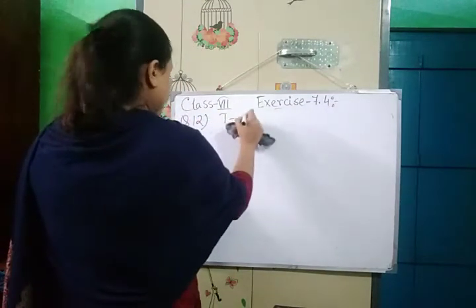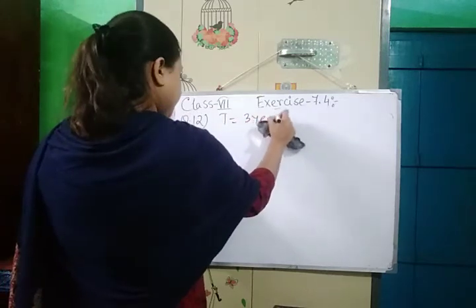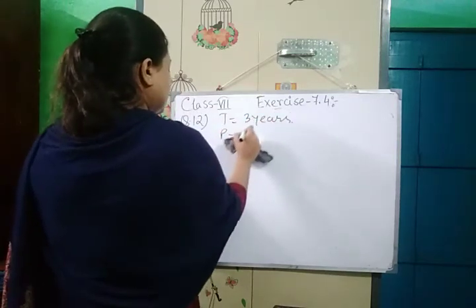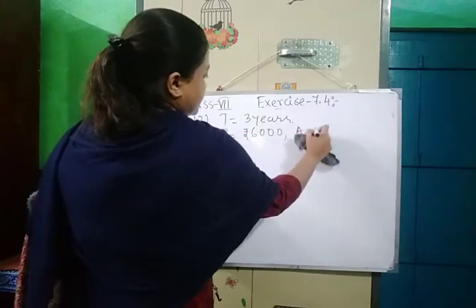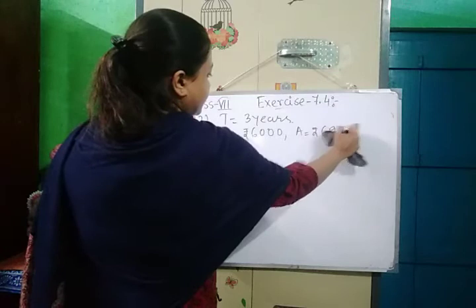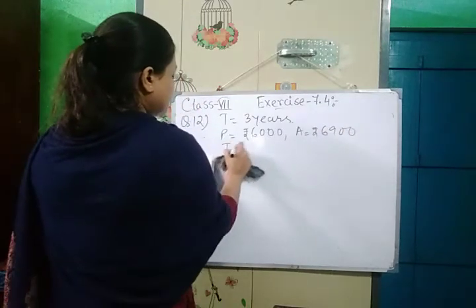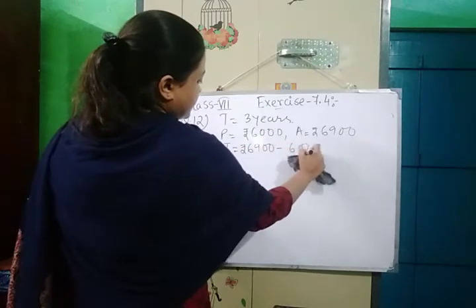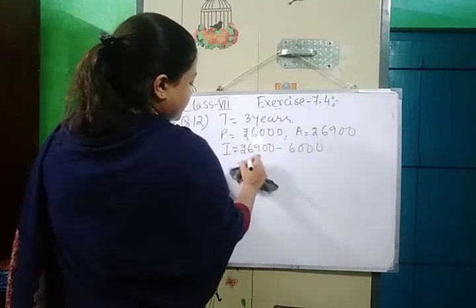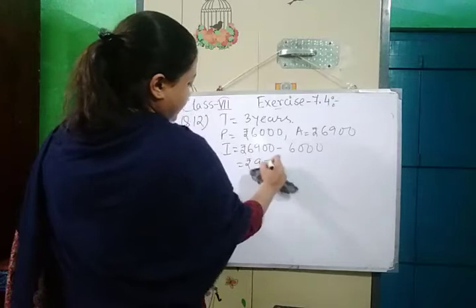So first we are going to find out the rate. Time is given, 3 years. Principal is given, rupees 6,000, and the amount is rupees 6,900. So interest equals rupees 6,900 minus 6,000, that means interest equals rupees 900.